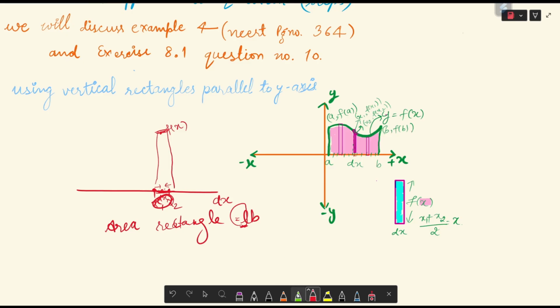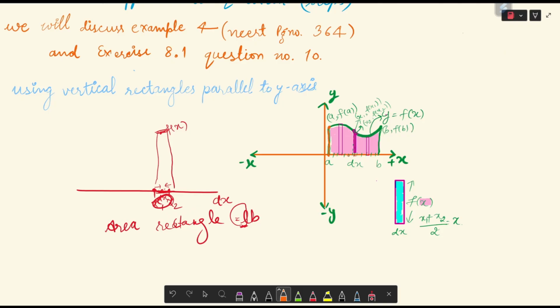This is the point a on the x-axis, and this point represents (a, f of a), right? So what is this length? It is f of a.